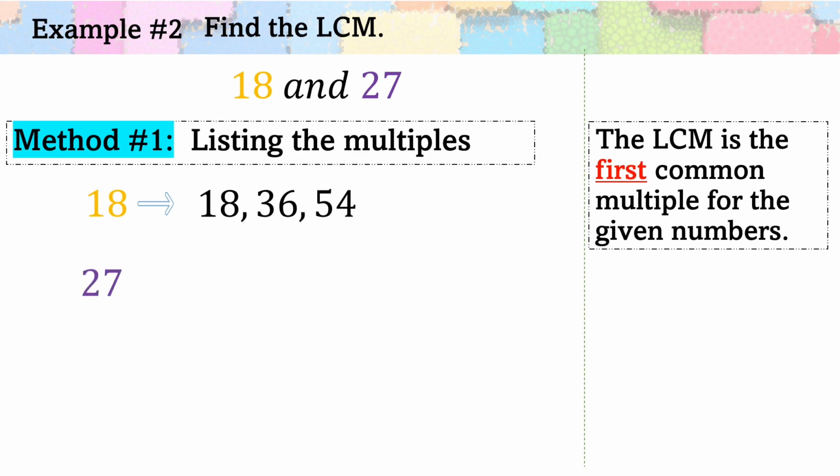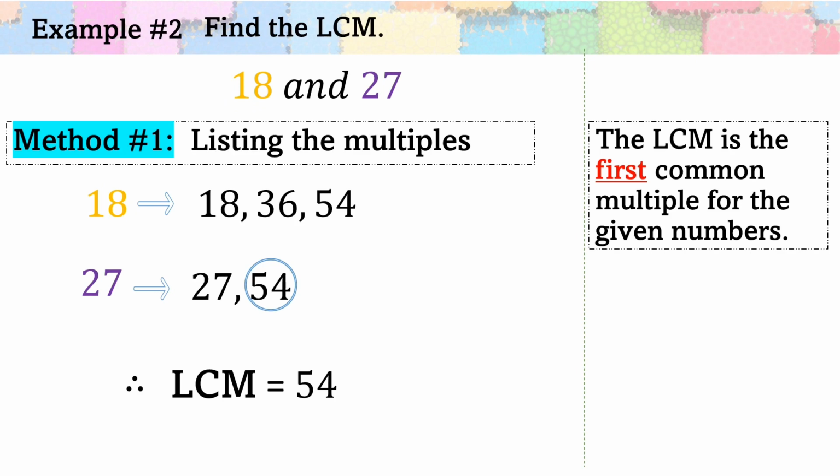For 27, there are 27, 54. We stop listing because we have found the first common multiple of the given numbers 18 and 27. Therefore, 54 is the LCM for both numbers.